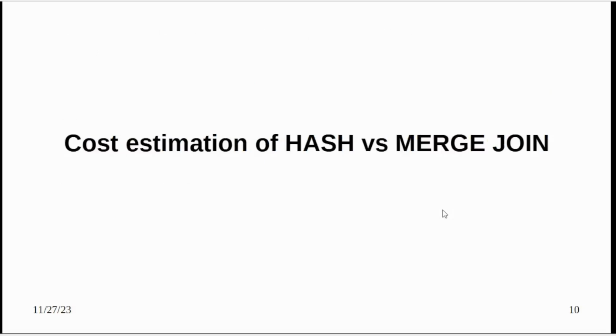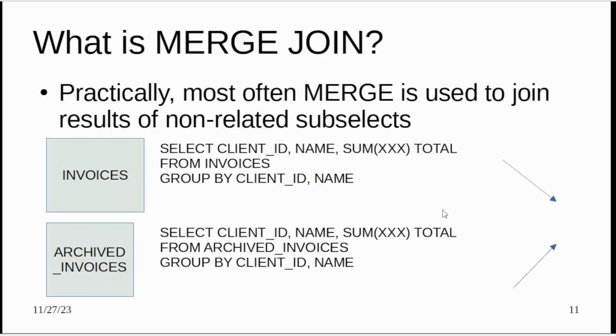Second improvement, also related to the hash join. Before Firebird 3, there was no hash join, but there was a way to join non-related data sources. For example, this example is really simplified, not real, but just to demonstrate the situation.